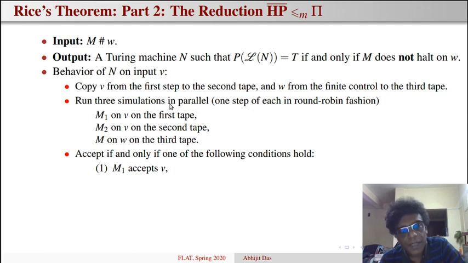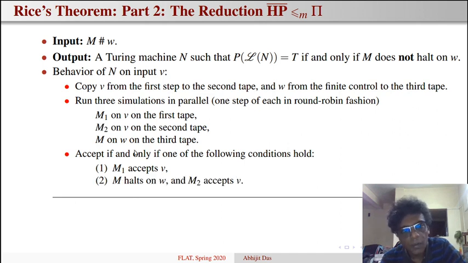Another possibility is that the third simulation, M on W, halts and M2 accepts V. This is the second condition when N accepts. So if M halts on W, then it knows it will wait until M2 accepts.